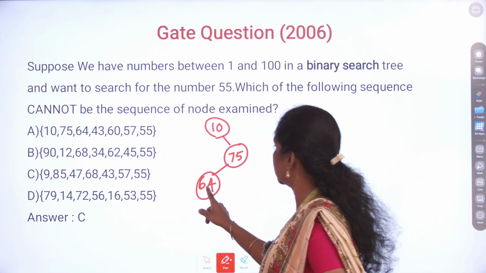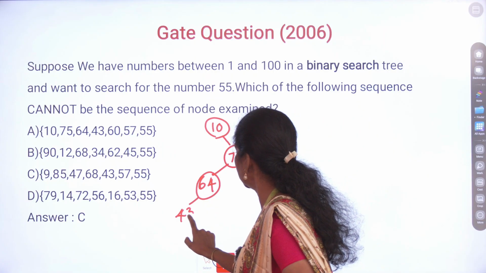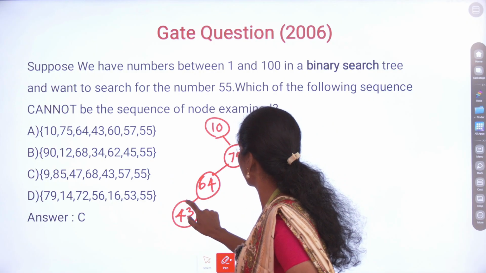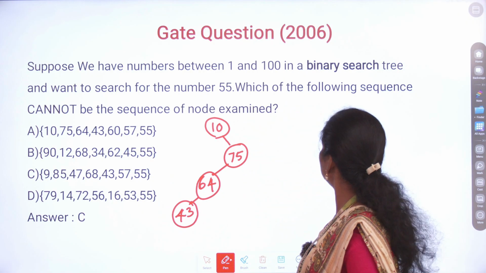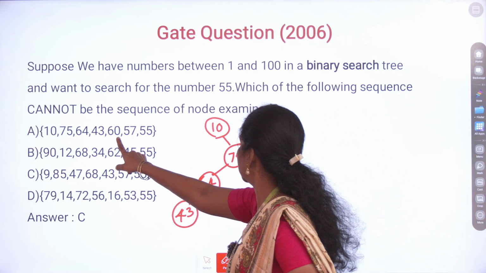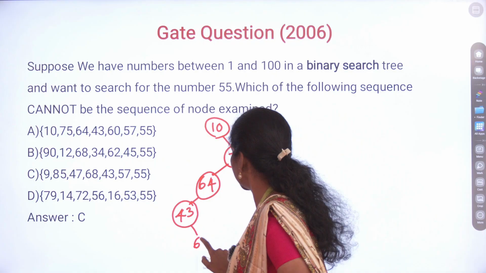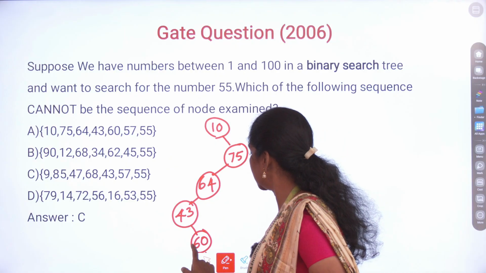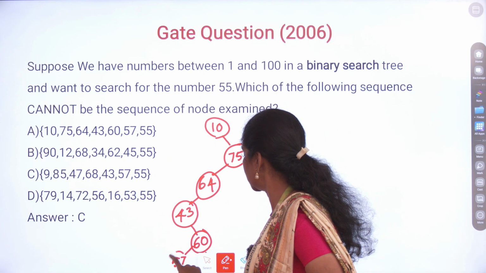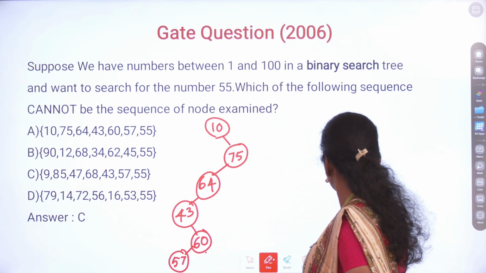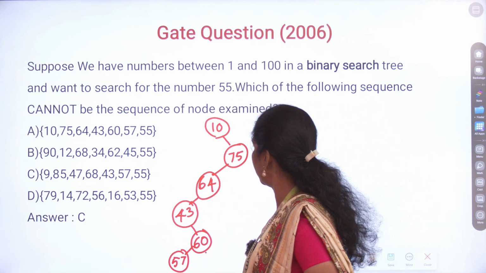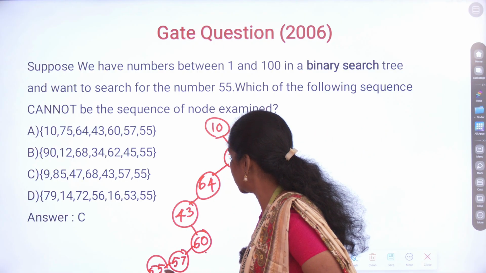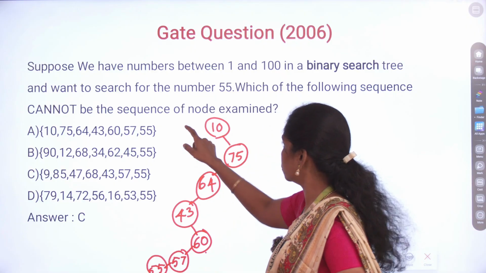Again 43 is lesser than 64, so 43 comes here, and then 60 is greater than 43, so it comes on the right hand side. And next 57 is lesser than 60, it comes on the left hand side. And 55 is also lesser than 57, so it comes on the left hand side. So it just follows a sequence. So this is option A.